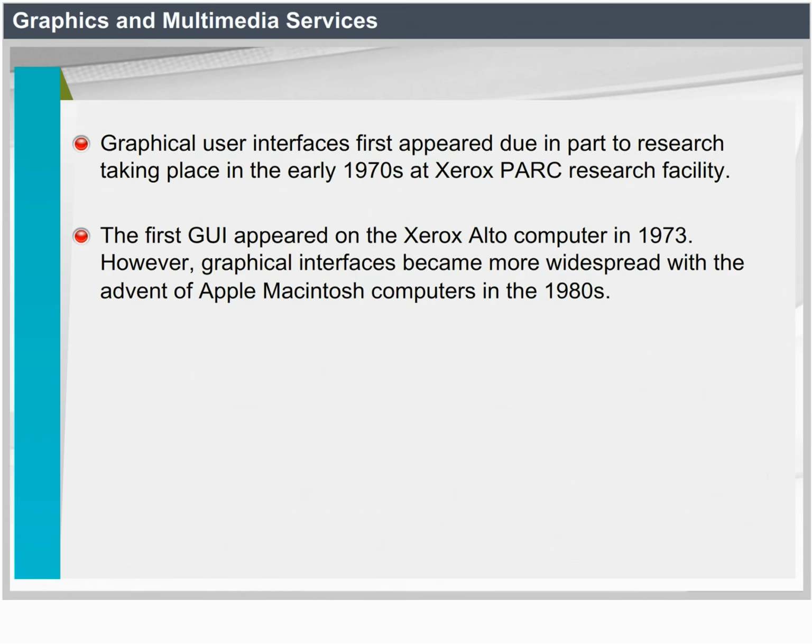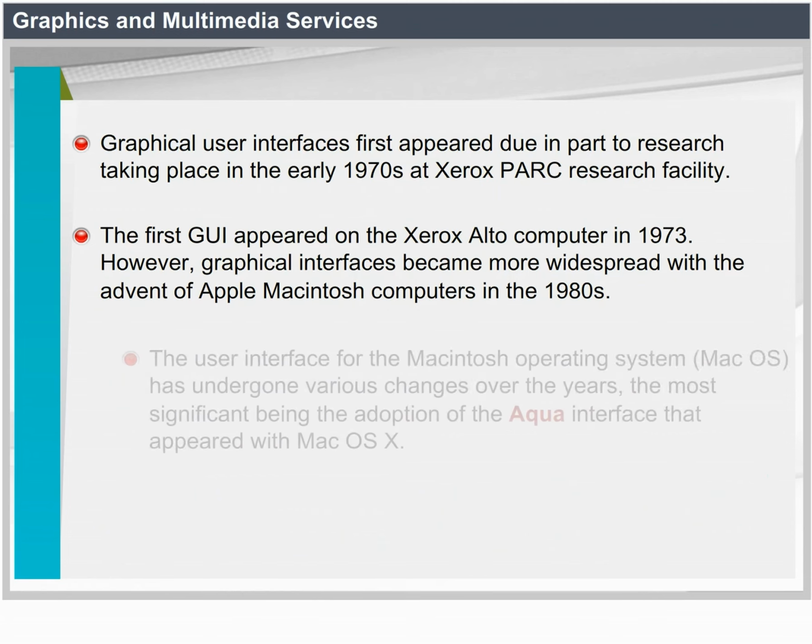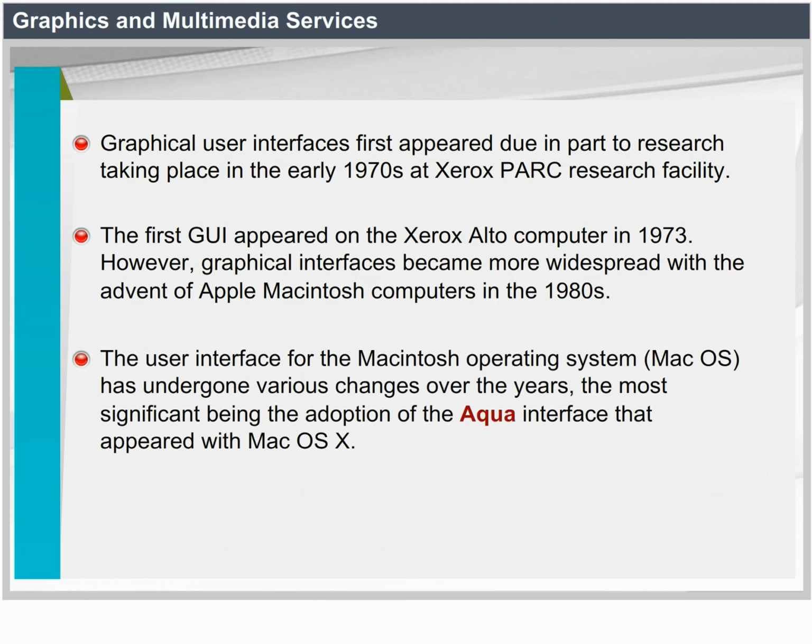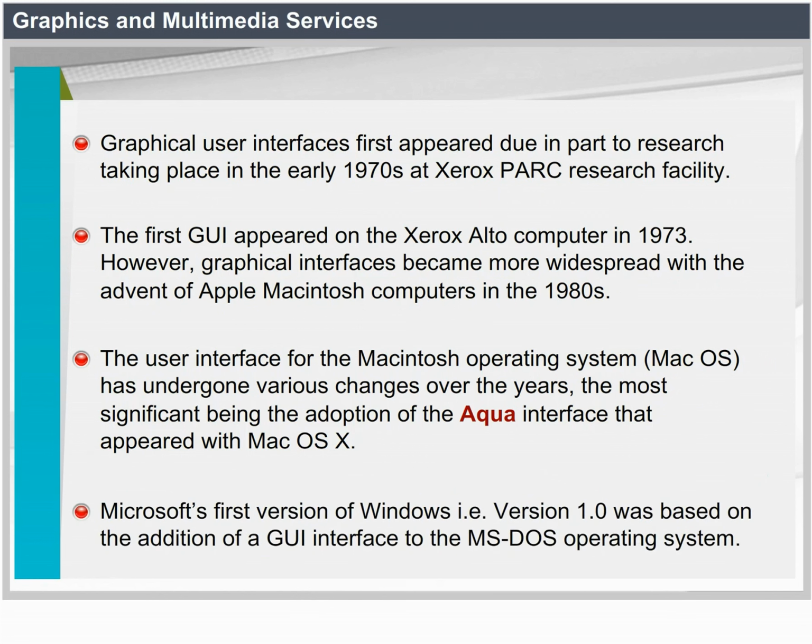The user interface for the Macintosh operating system, Mac OS, has undergone various changes over the years, the most significant being the adoption of the Aqua interface that appeared with Mac OS X. Microsoft's first version of Windows, version 1.0, was based on the addition of a GUI interface to the MS-DOS operating system.